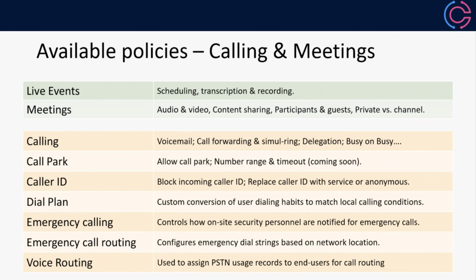There's a tremendous amount of richness in the meetings policy we're super proud of. Clearly, there's just a lot of capability there and a lot of reasons for customers to choose to have some of that throttled or turned off depending upon the types of scenarios. And so there's a lot of richness in meeting policy.